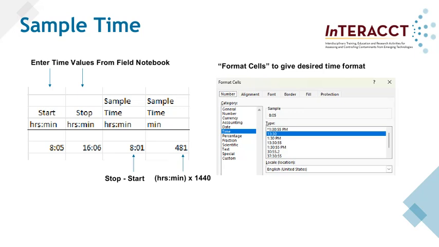As you can see, once start and stop times are entered, the difference between them can be easily computed just by subtracting the stop and start time to obtain the overall sample time. And that will be given in the same time format. To convert that to a number of minutes, the value is multiplied by 1,440 to get the total number of minutes, and as you can see here is 481.